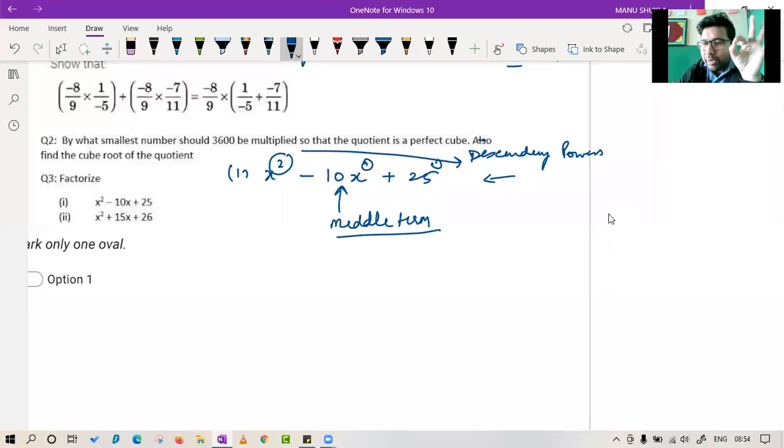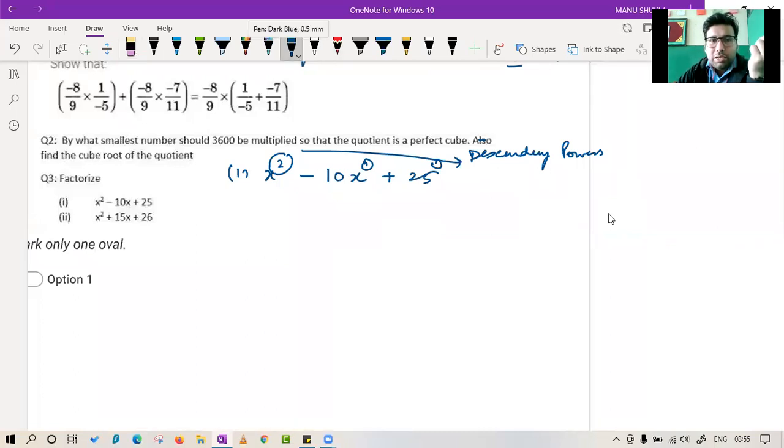Although this question can be done directly using an identity, I will show you how to solve the same question by middle term splitting. So first I will solve this using identity and then I will go for middle term splitting.